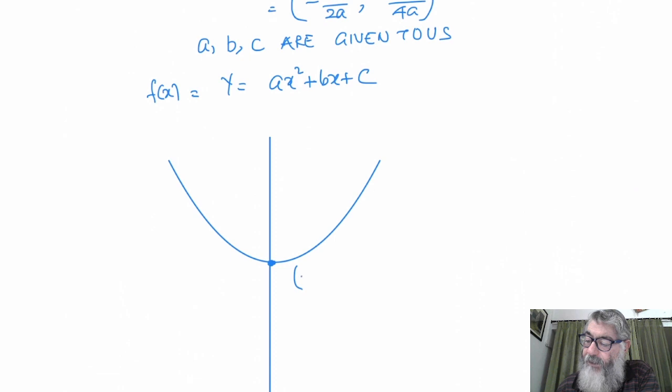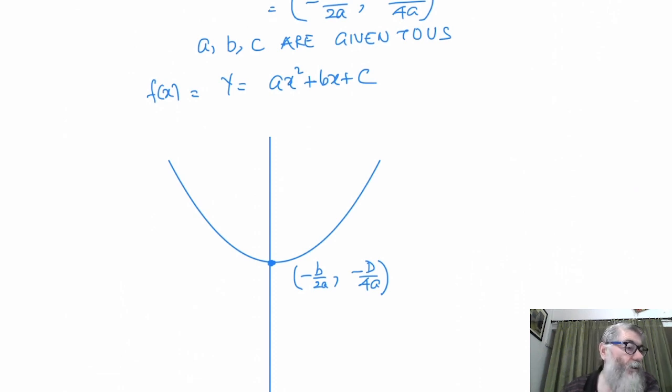It is given by minus b upon 2a, minus d upon 4a. Also, this line is the line of symmetry, a line passing through the vertex of the parabola.